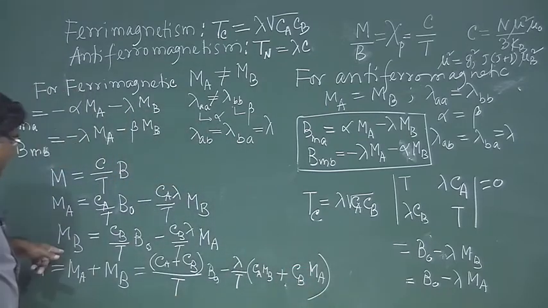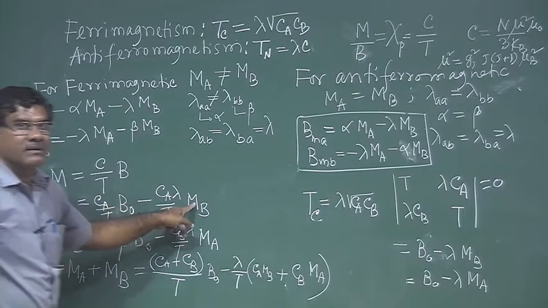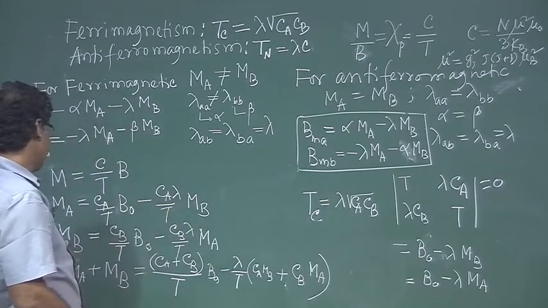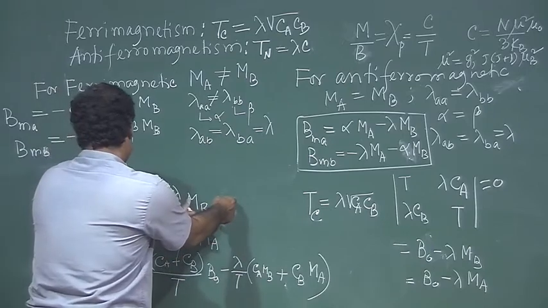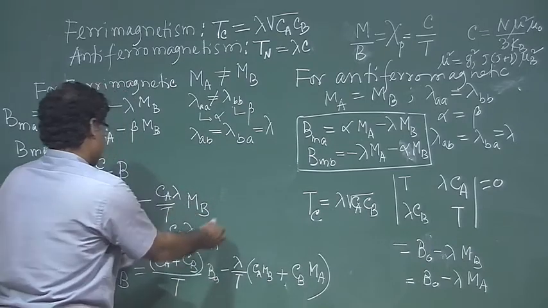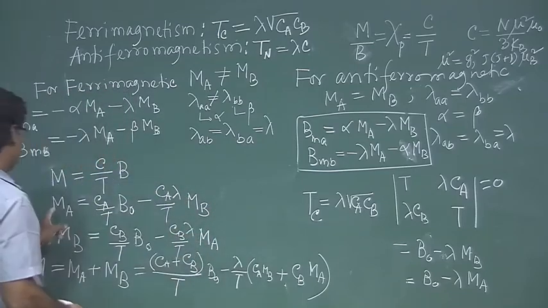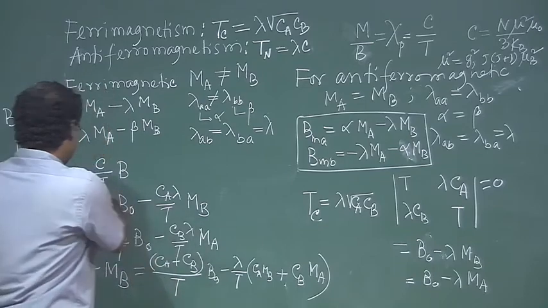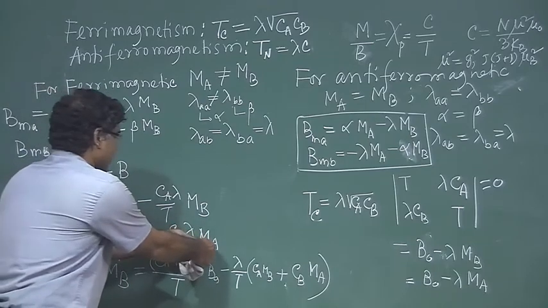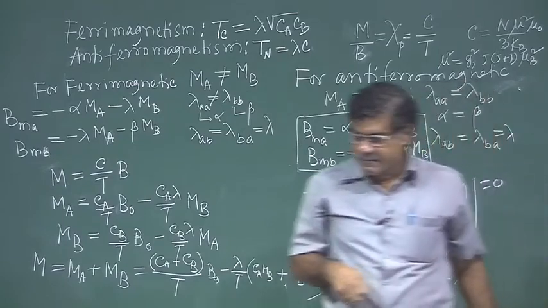Actually, I think what we should do is just replace this M_B by this M_B. We can put this value here, and we will get M_A. Similarly, we will get M_B if we put this M_A here. So, I think I will just write the result.